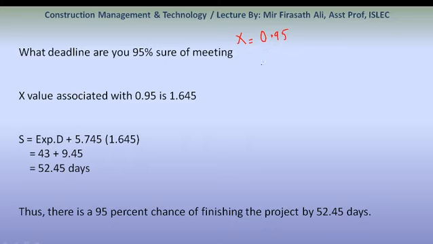What is the formula for x? x is equal to scheduled date minus expected date, divided by standard deviation. The probability is already known to us, that is 0.95.